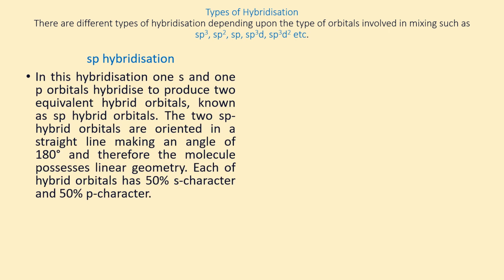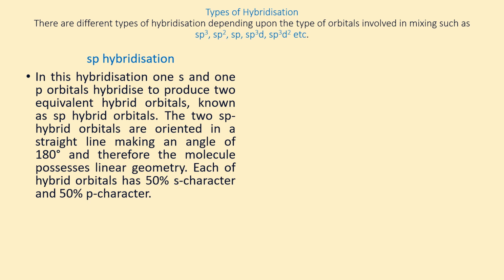In this hybridization, one s and one p orbital hybridize to produce two equivalent hybrid orbitals known as sp hybrid orbitals. The two sp hybrid orbitals are oriented in a straight line, making an angle of 180 degrees, and therefore the molecule possesses linear geometry.